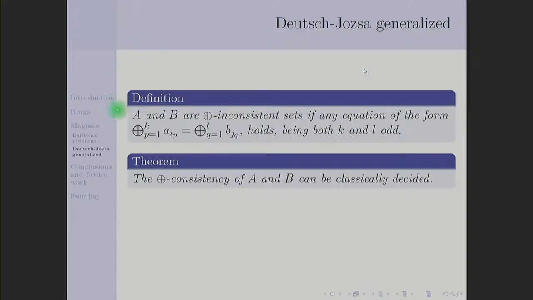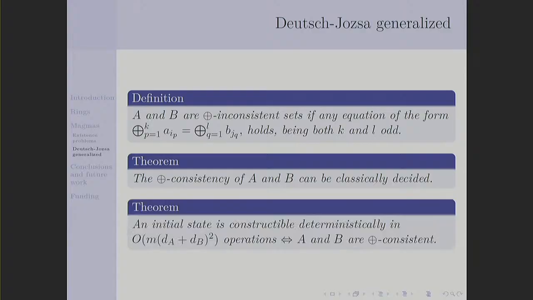We say that the sets are inconsistent if any of those equations holds. That's very easy to check. It's just a system of equations. And what we proved is that if the sets are consistent, then the previous state, that is so important, can be constructed deterministically with a quantum procedure with the same complexity as a system of equations, because that's the hardest part of the process.